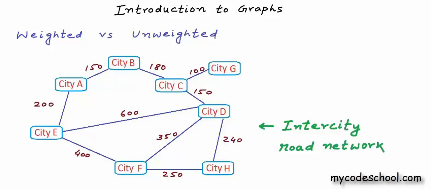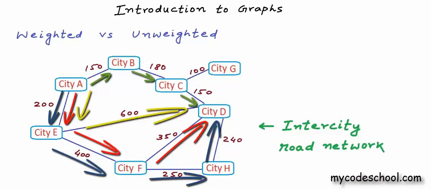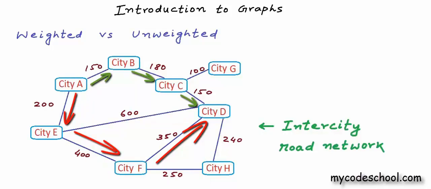Let's say in this graph we want to pick the best route from city A to city D. Have a look at these 4 possible routes. I'm showing them in different colors. Now if I would treat all edges as equal, then I would say that the green route through B and C and the red route through E and F are equally good.